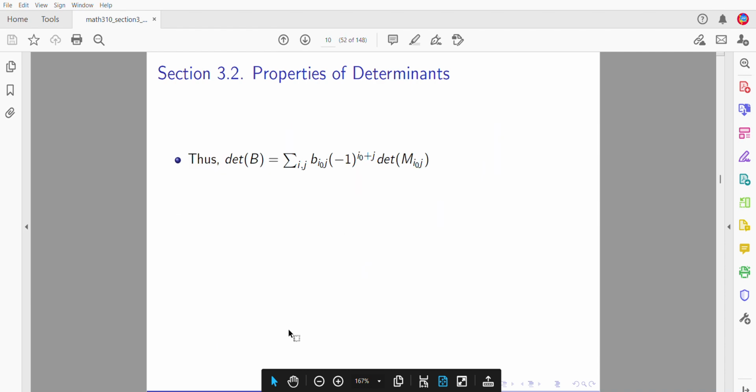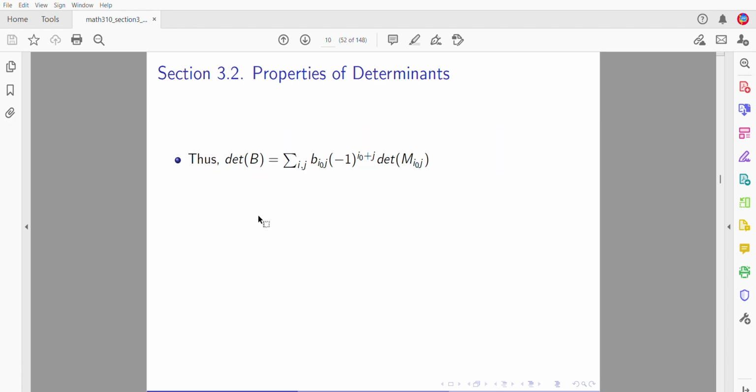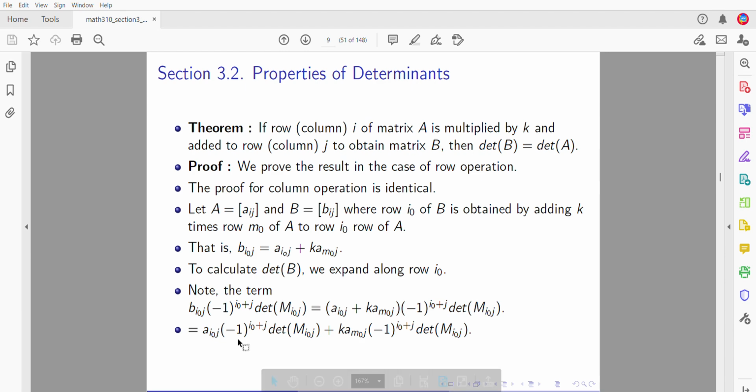The left hand side, when you add these terms, you get determinant B. You see, indices are in sync. So this is determinant B. On the right hand side, you have determinant A when the indices are in sync.